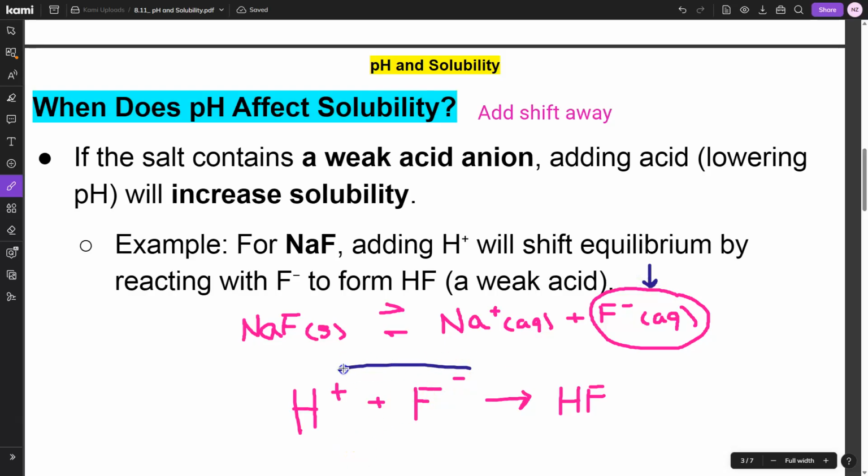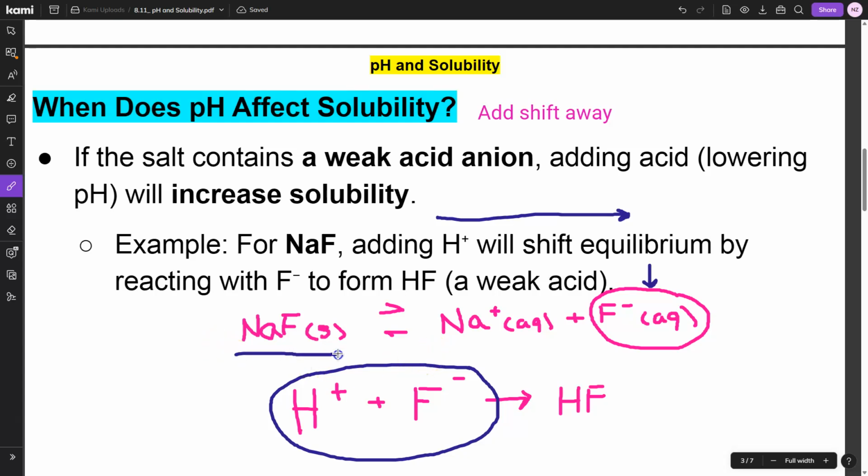Since hydrogen is coming in and combining with fluoride, I'm removing fluoride from the system, so it's going to shift towards that deficiency, to the right. This is undissolved, and this is dissolved in solution. By shifting towards the ions where it's dissolved, solubility increases.